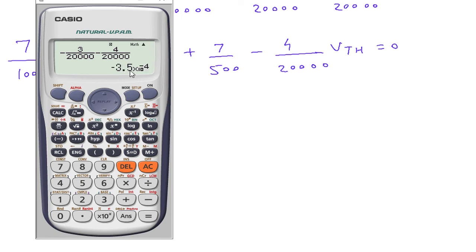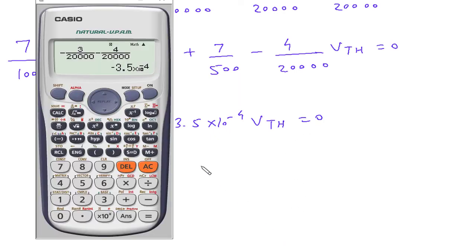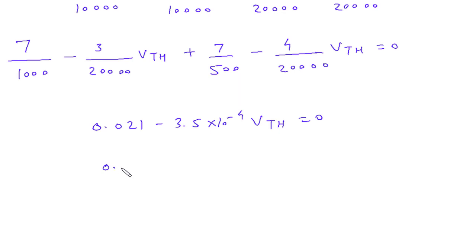So this will be minus 3.5 into 10 raised to the power minus 4 VTH is equal to 0. Now 0.021 is equal to 3.5 into 10 raised to the power minus 4 VTH.